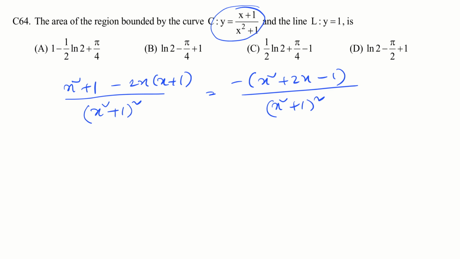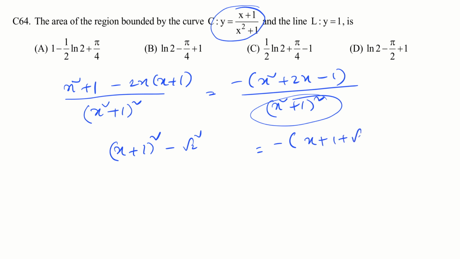Now let us study the sign and also see where the derivative is equal to 0. As the denominator is positive, I don't have to worry about the denominator. Let us just focus on the numerator. Now for the numerator, if I simply complete the square there, I'll have (x plus 1) whole square minus 2. So the factorization yields minus of (x plus 1 plus root 2) into (x plus 1 minus root 2) over the denominator (x square plus 1) whole square.